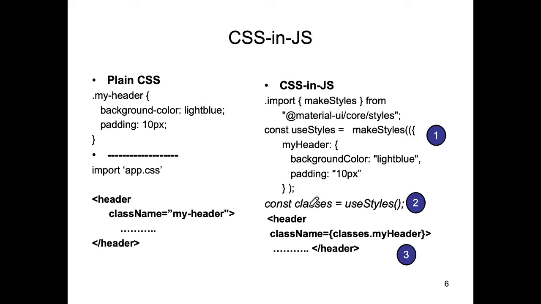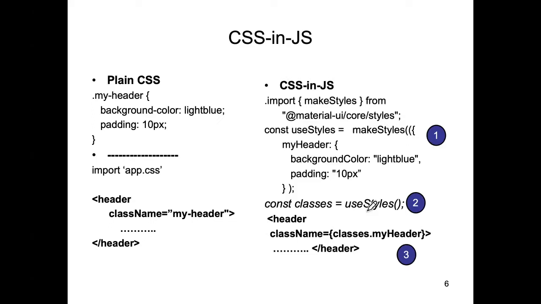And then we can apply this object to any component that we want using this syntax here. classes.myHeader is clearly referring to this piece of CSS styling that I want to have applied to my header. So it's a little bit clumsy, I think, but we have to go with it because it's what's required by the library.